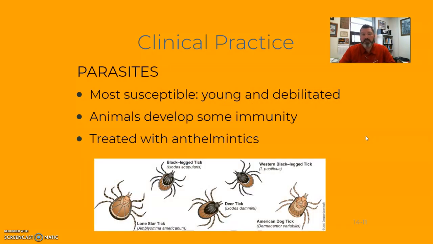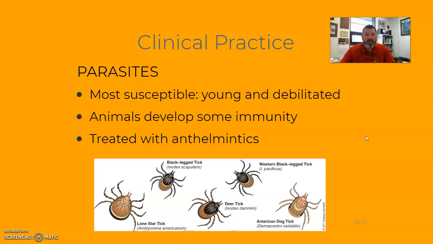Further on parasites, most of the time the young are most susceptible, especially to the debilitating kind of parasites that can really affect their growth and development. So you want to be very aware early on. I've got ticks pictured here at the bottom. Of course, ticks can really get after puppies and kittens, and can carry some nasty diseases along with them.